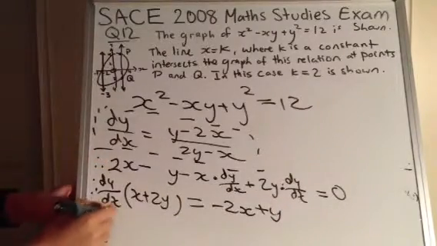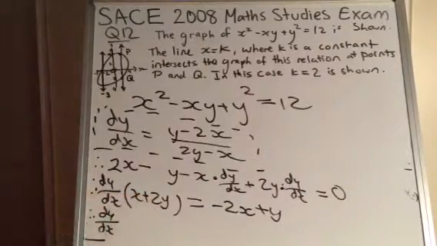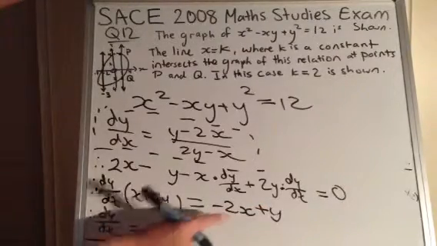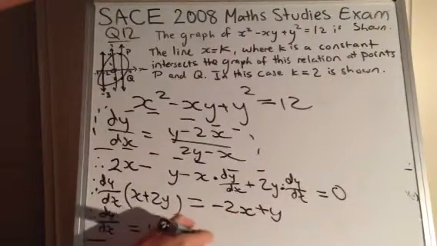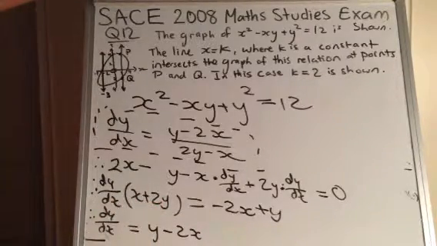And therefore, the dy over dx is, and we bring this bracketed term here from the LHS of the numerator to the RHS denominator. And again, we've got to show that it fits this format. So because this is positive y here, we can put y out the front, and that's minus 2x.